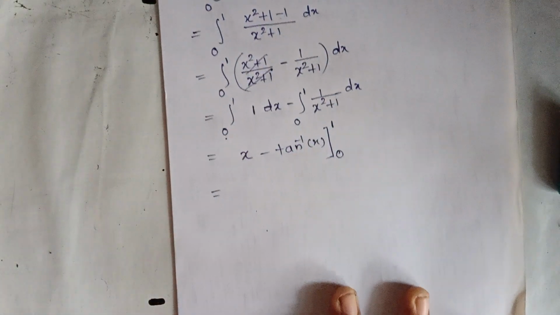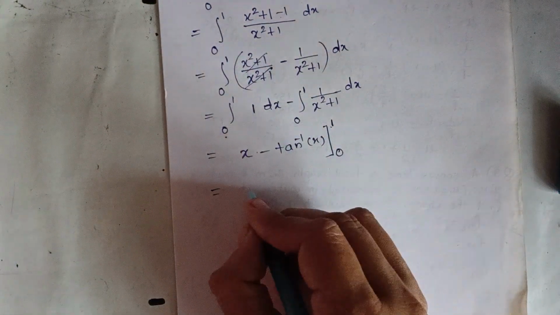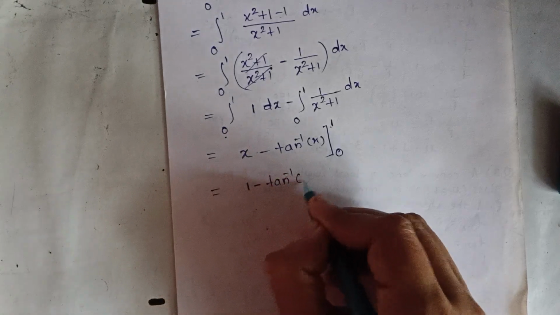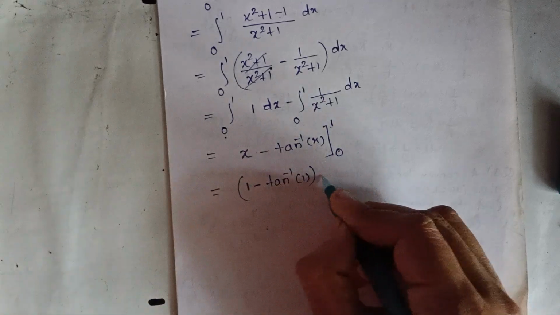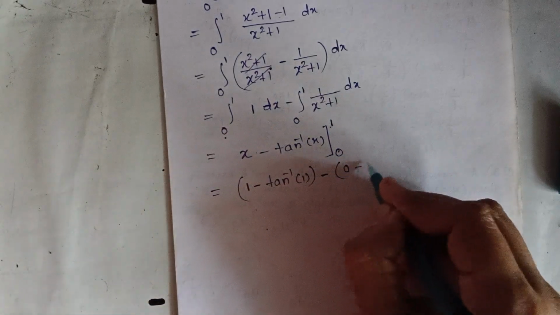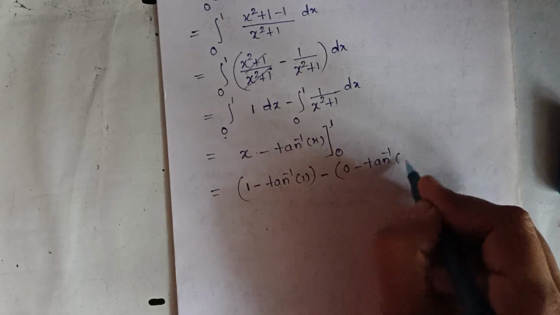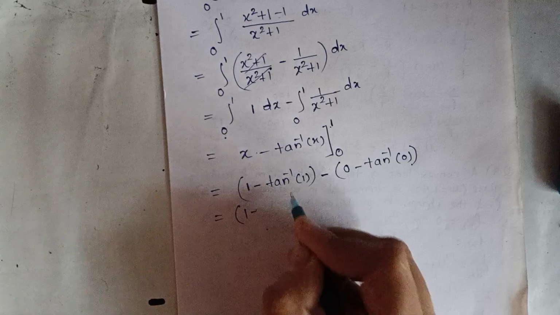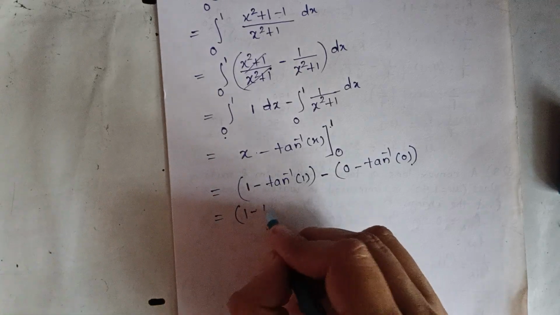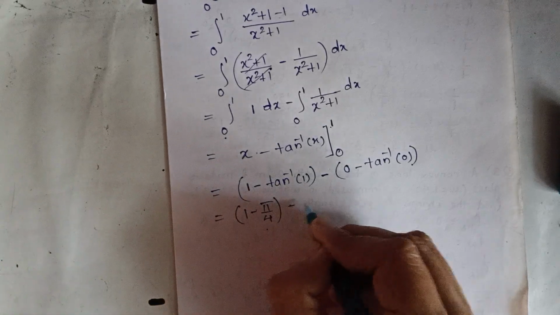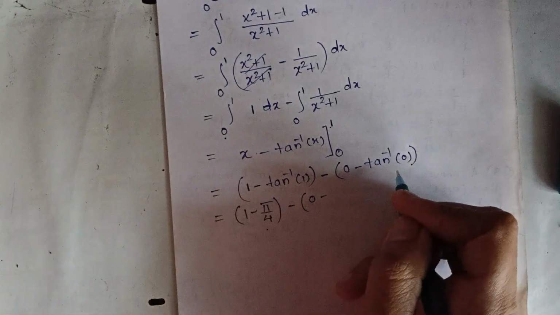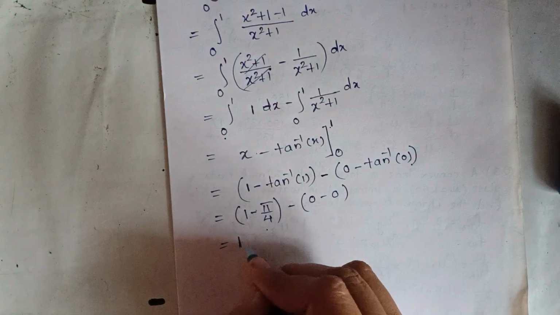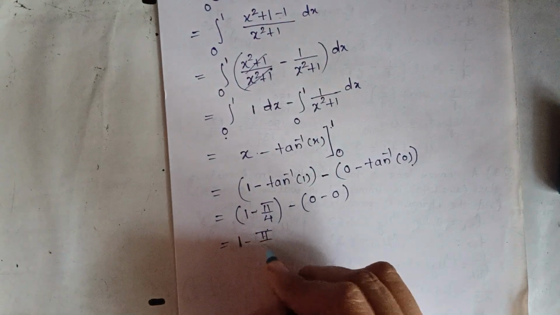So putting the limits, 1 minus tan inverse of 1 minus 0 minus tan inverse of 0. Tan inverse of 1 is pi by 4, tan inverse of 0 is 0. So the answer is 1 minus pi by 4.